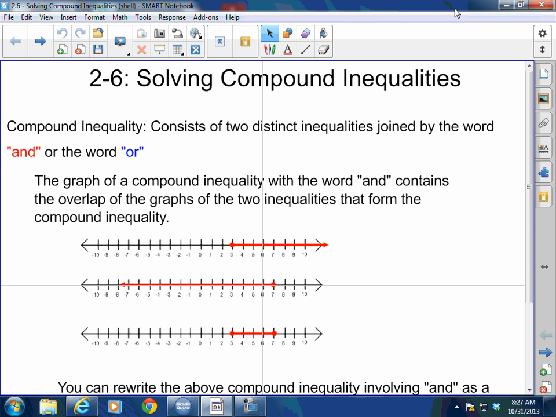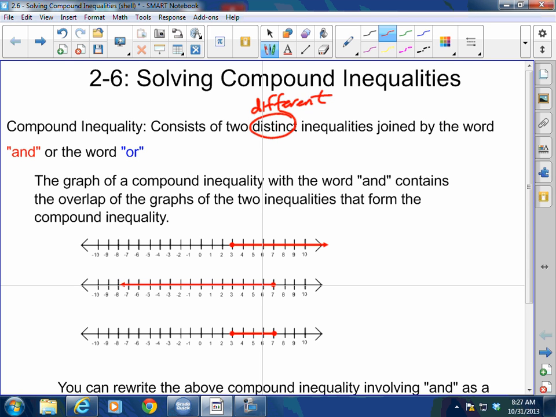And a compound inequality consists of two distinct, by the way, meaning different, inequalities joined by the word "and" or the word "or." When you have an "and" or an "or" inequality, you're talking about a compound inequality.